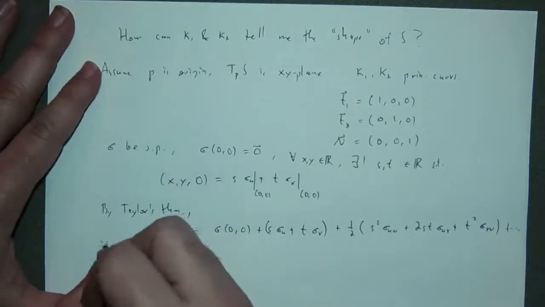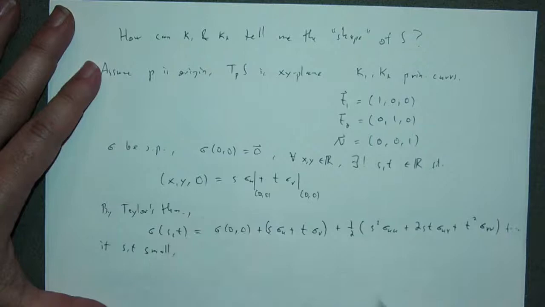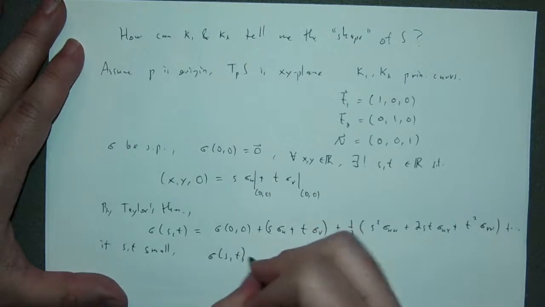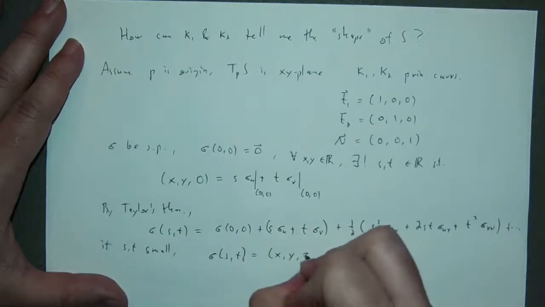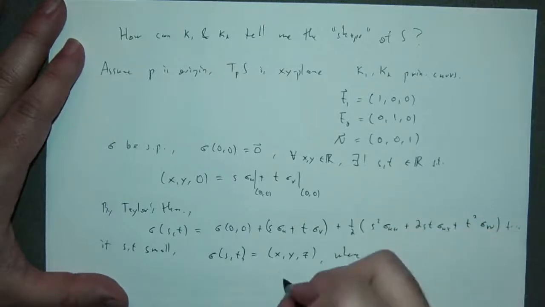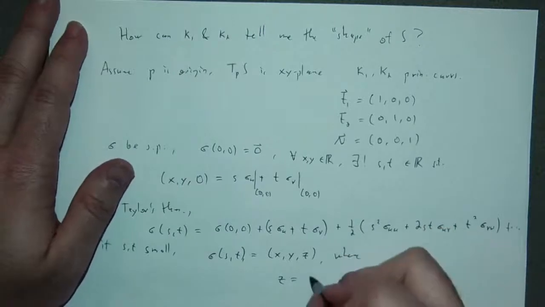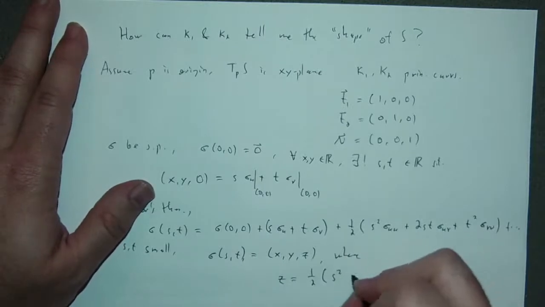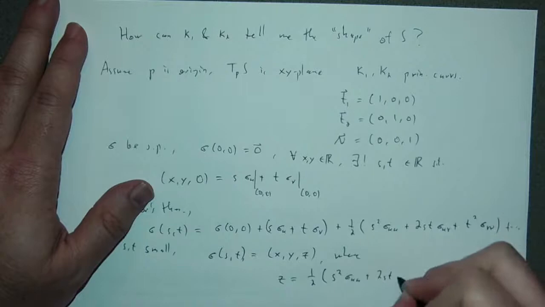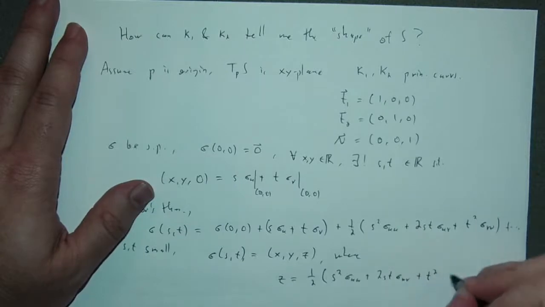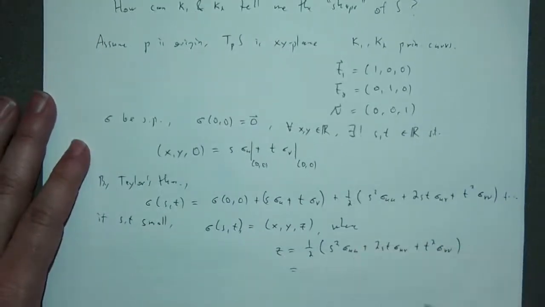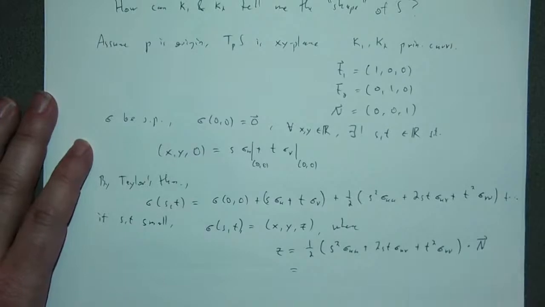If S and T are small, then sigma of (S, T) can be thought of as (x, y, z), where z is equal to this amount of bend, so 1/2 times S squared sigma uu plus 2ST sigma uv plus T squared sigma vv, which I can rewrite, dotted with the standard normal, in terms of the second fundamental form.